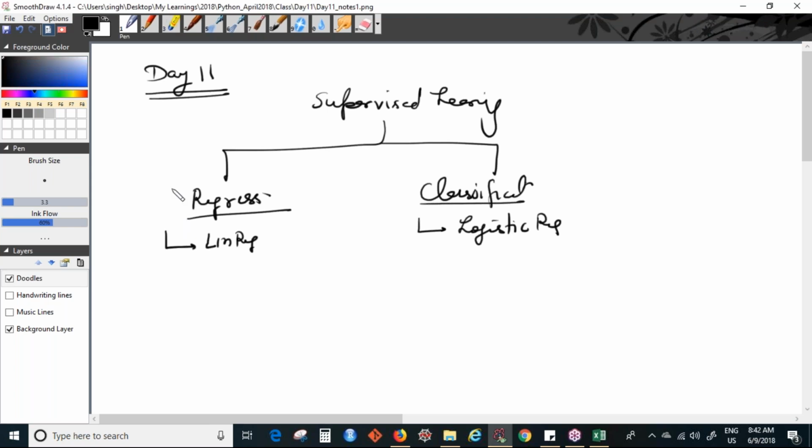Just like for regression, you have MAPE, you have sum of squared error, you have RMSE, and you have R square. Now these apply to all regression models, not just linear regression.